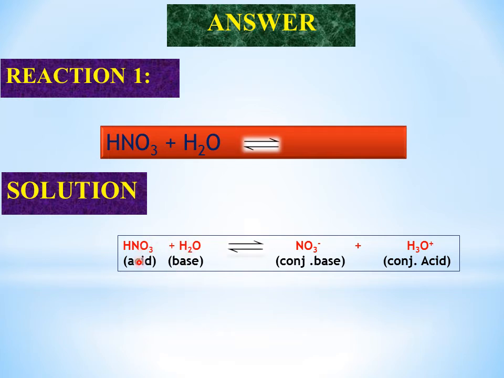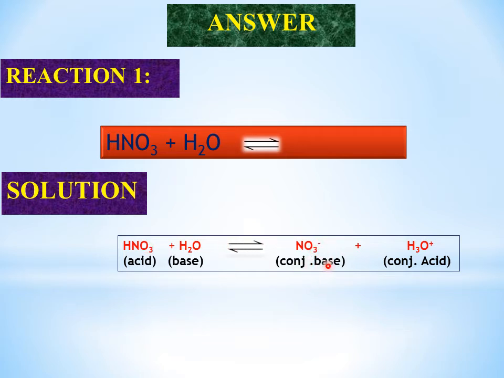So if this is the acid, it will give a proton to this water, because this oxygen has an electron pair, it will accept this proton and will form hydronium ion, and this will be the conjugate acid of this base water which we are treating as a base. And the left molecule is the nitrate ion, NO3 negative ion.